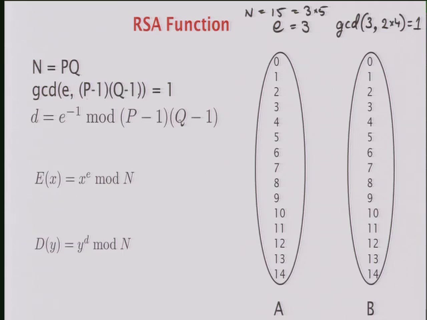So we picked such a number E, and we said our RSA function is going to be, if we start with x, we'll raise x to the E mod n. So E was 3, we take x cubed mod n. Okay. Now, what do we know when we say GCD of 3 and 8 is 1? Well, what it tells us from what we did last time is that 3 has a multiplicative inverse mod 8.